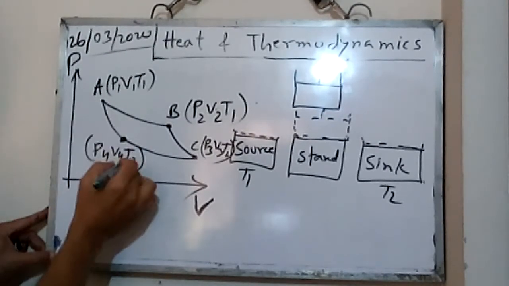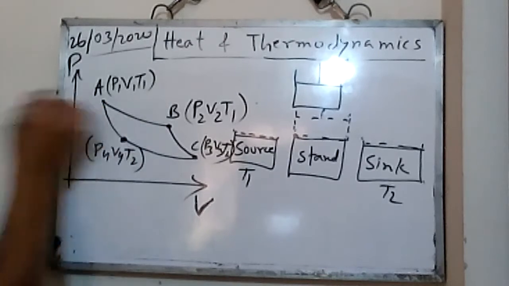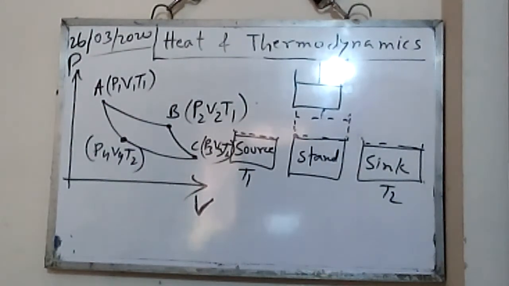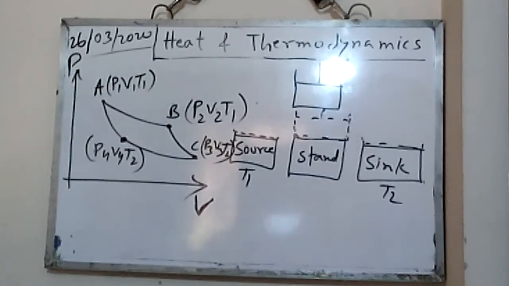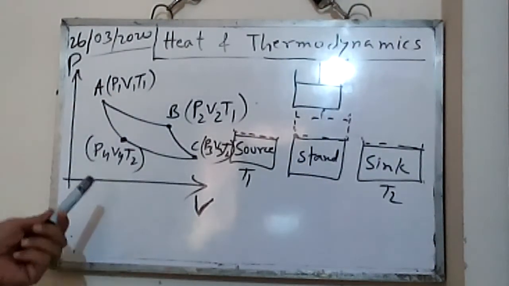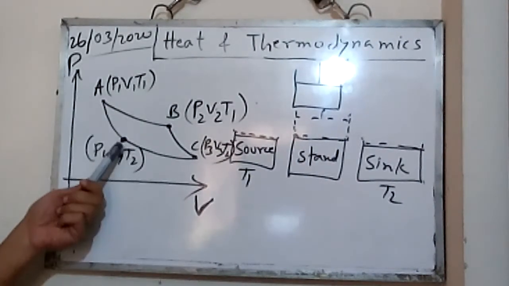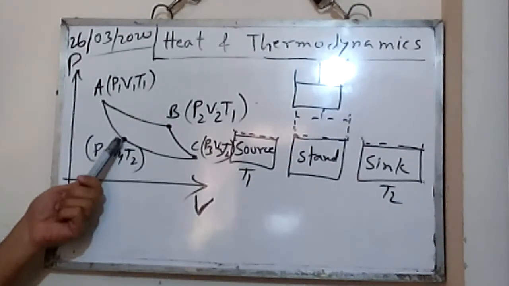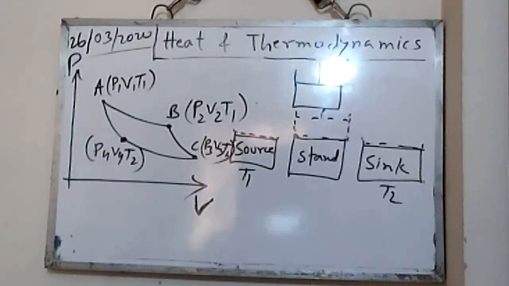Then we will get a point again, where the pressure, volume and temperature are P1, V1, T1. Therefore, this is the fourth operation, adiabatic compression.